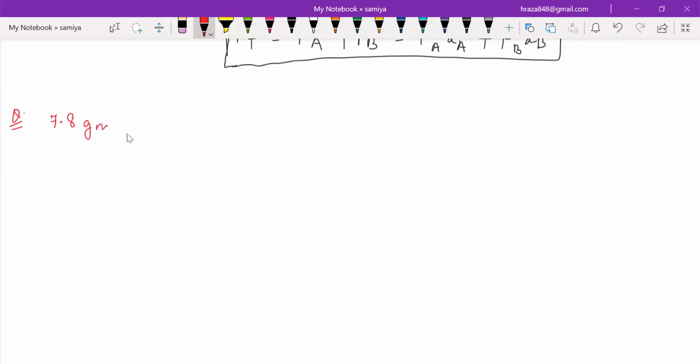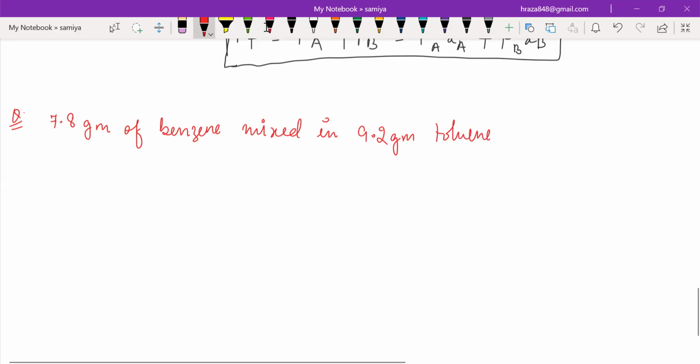7.8 gram of benzene. Do you know the chemical formula of benzene? Mixed in 9.2 gram of toluene. Do you know the chemical formula of toluene?